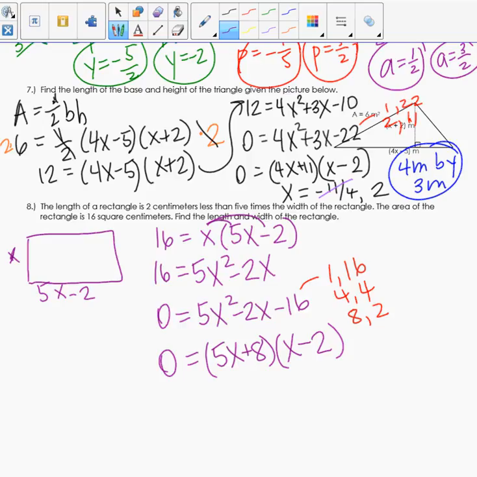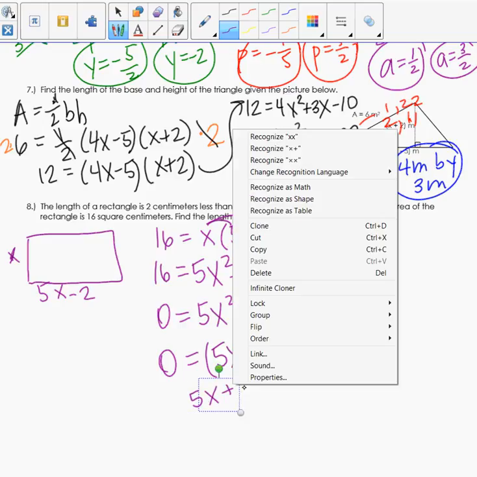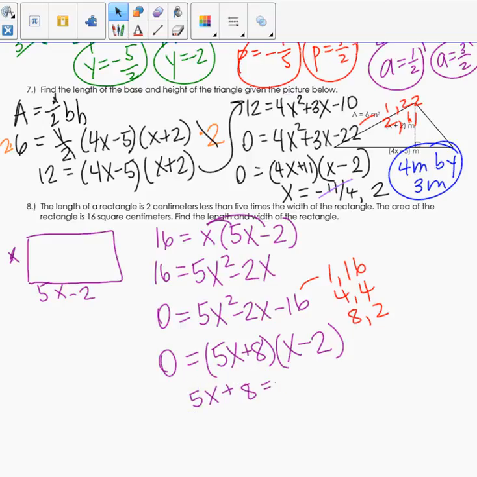Now, if I set 5x plus 8 equal to 0, and x minus 2 equal to 0, I get negative 8/5 and 2. Well, while this is an answer, contextually that makes no sense. I'm not going to give this side right here that's x a negative distance.